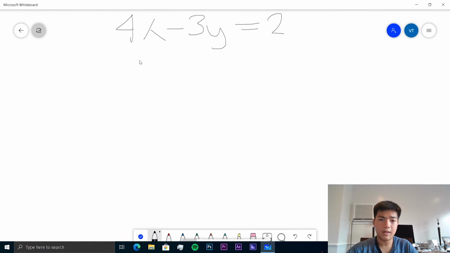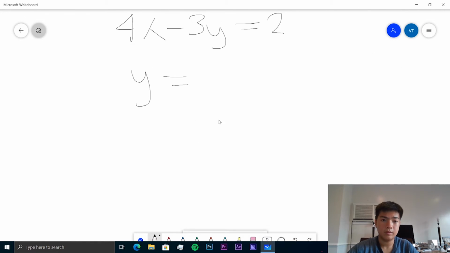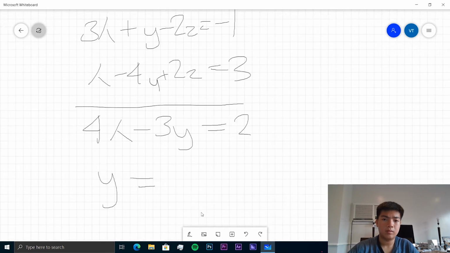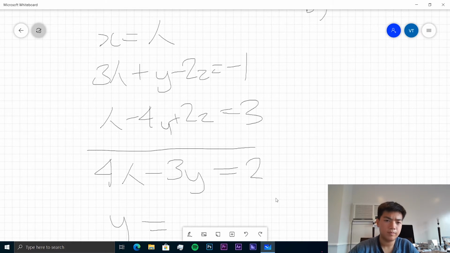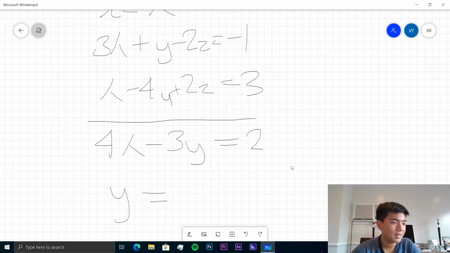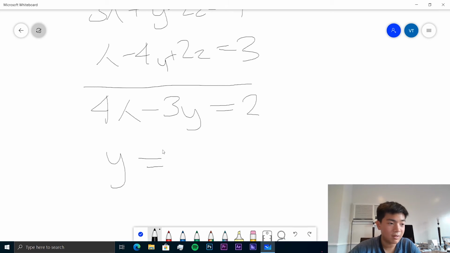So we get y is equal to... Let's see. Because we have 4y, y is equal to 2 minus 4 lambda over 3.